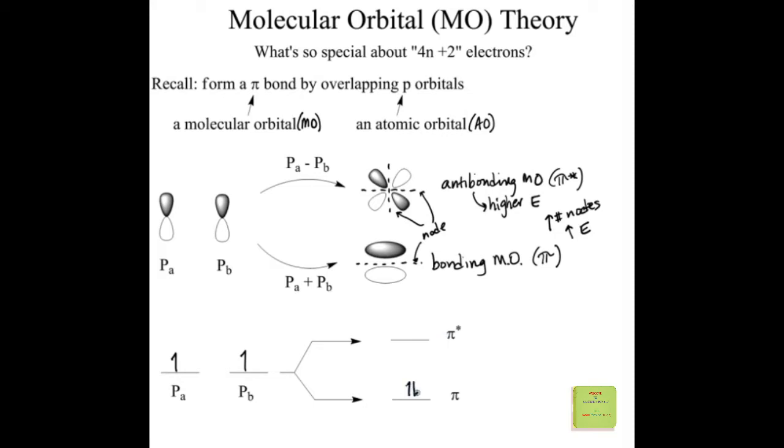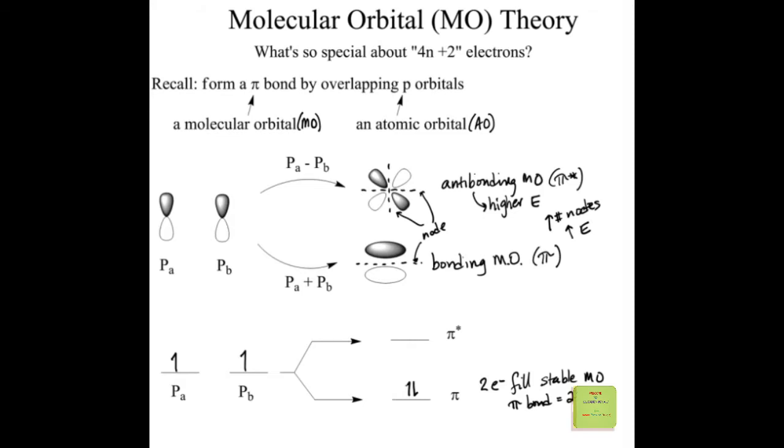So we put them down here, and that's what our pi bond looks like. We have two electrons in a pi molecular orbital. Okay, so that's the simplest system when we have just a single pi bond.